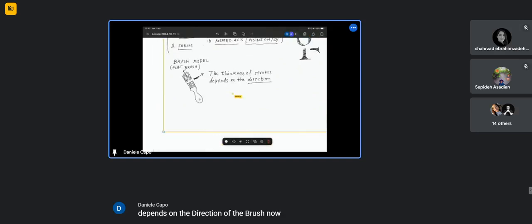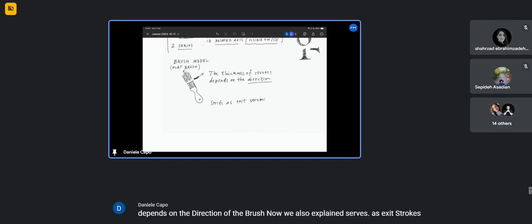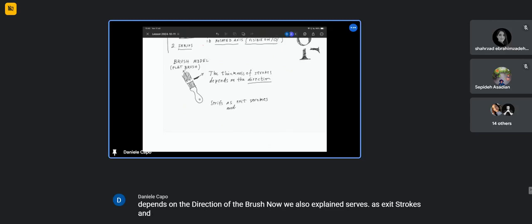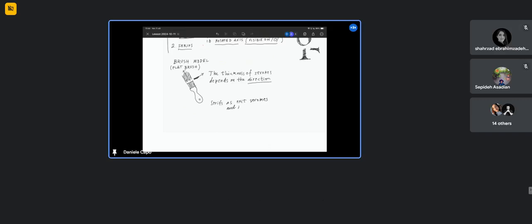Now, we also explained serifs as exit strokes and starting stroke.